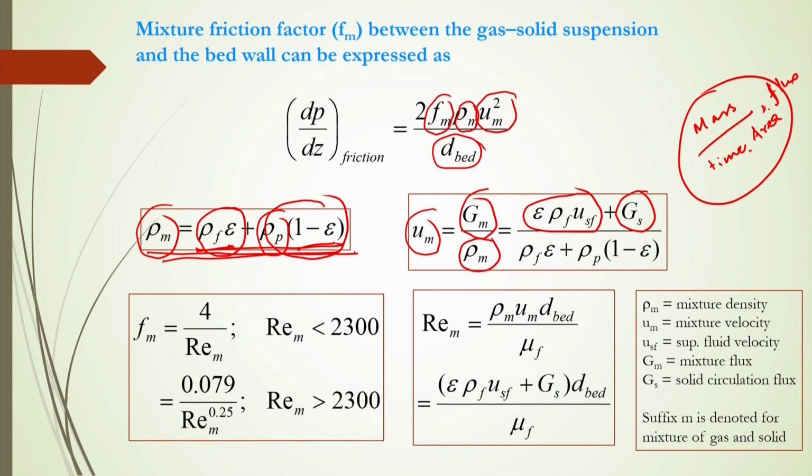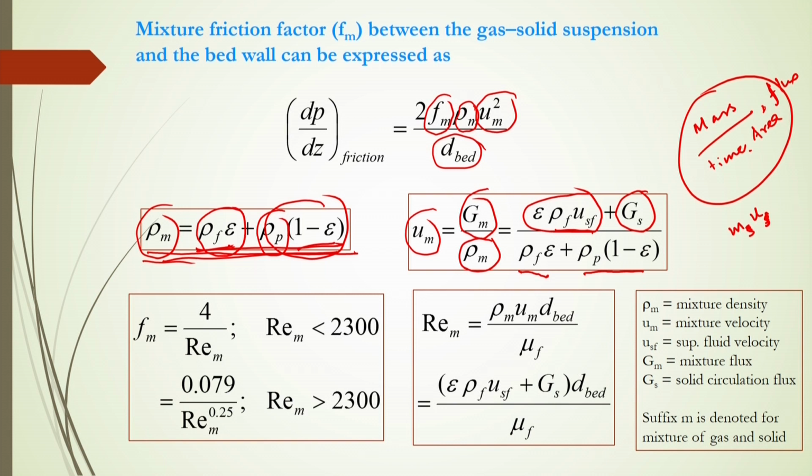So, here the fluid mass flux is nothing but epsilon into rho f into USF, whereas solid mass flux is denoted by Gs. Gs is nothing but mass of solid into velocity of the solid, and this is divided by rho m, already defined here, which is equal to rho f epsilon plus rho p into 1 minus epsilon.